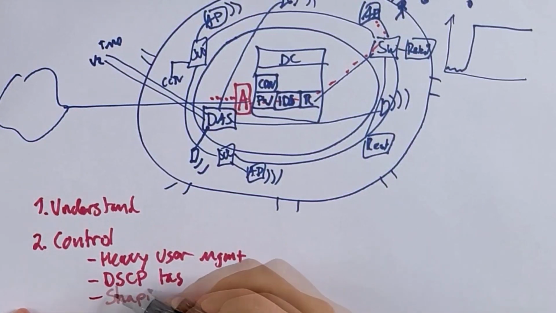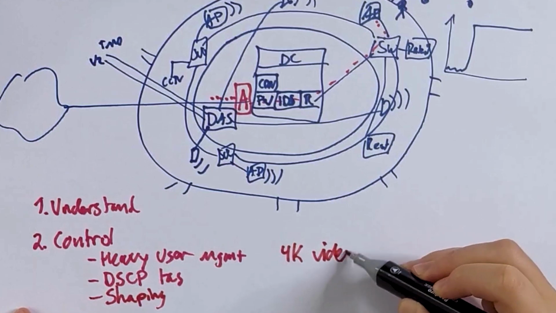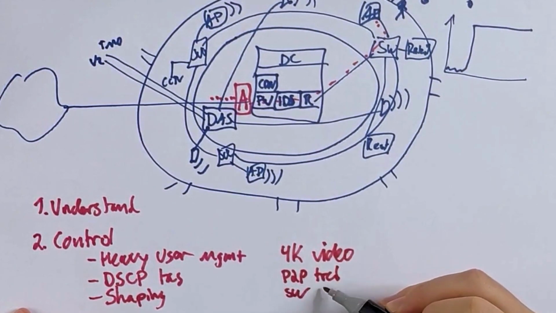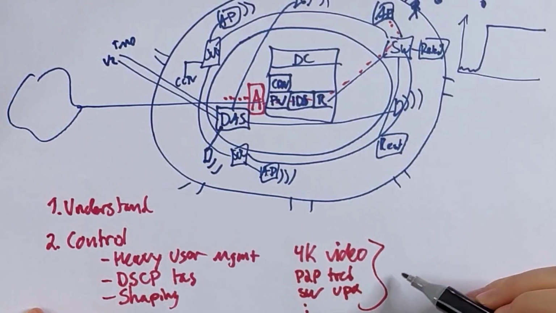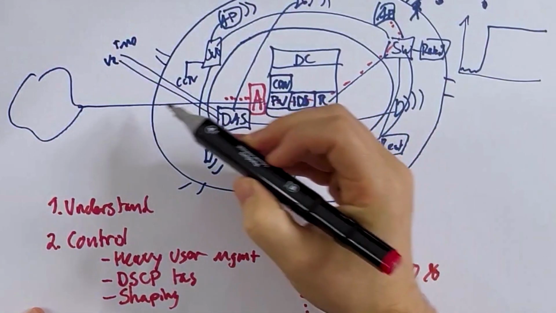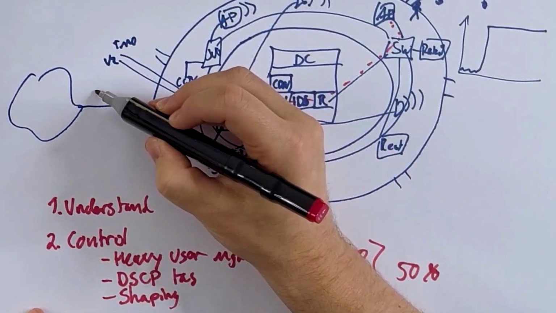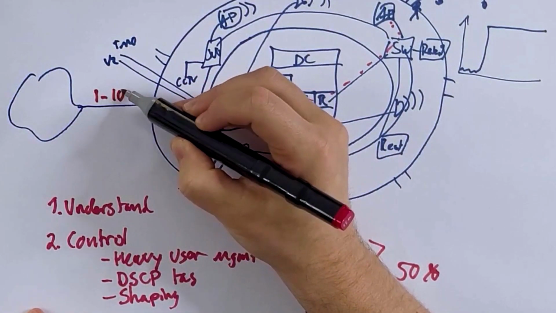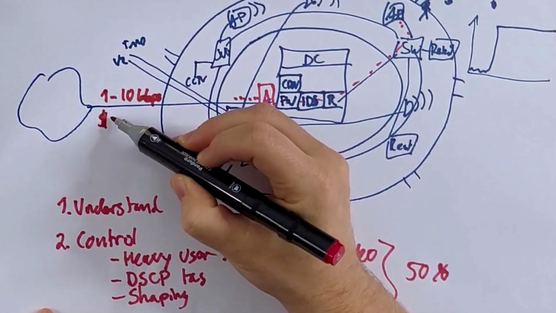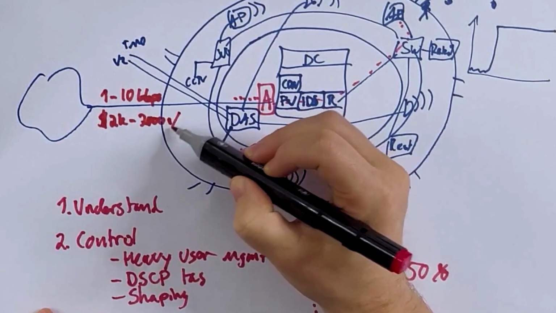Then you should do shaping, because if you take 4K video, peer-to-peer traffic, software downloads or updates, that's easily 50% of the traffic. And if you can cut 50% of your internet connectivity cost, which, by the way, is probably somewhere between 1 and 10 gigabits per second, depending on the size of the airport, and that's $2,000 to $20,000 per month, depending on where in the world you are.